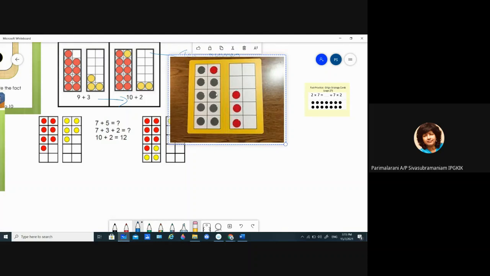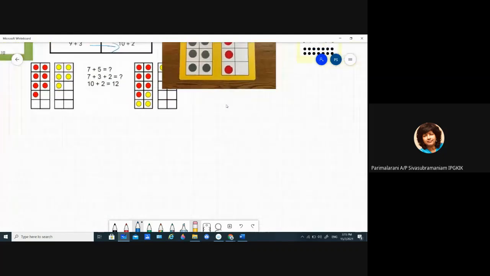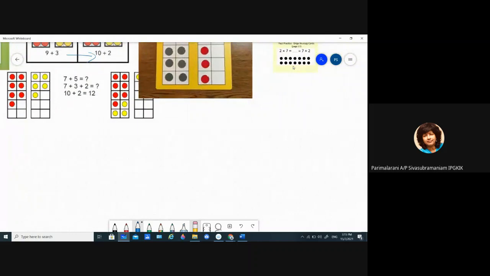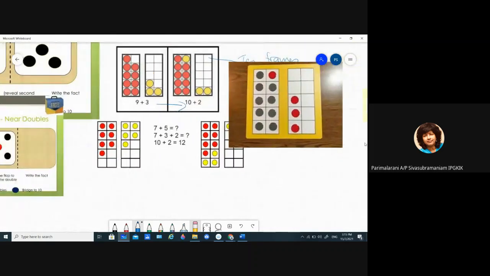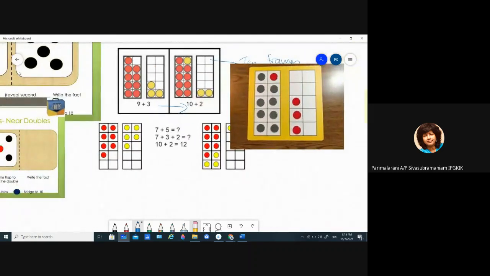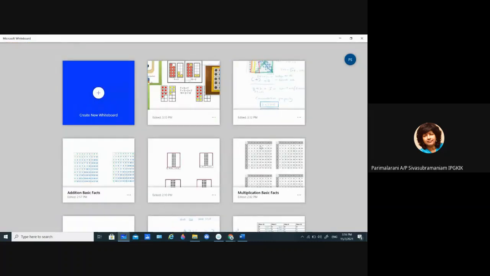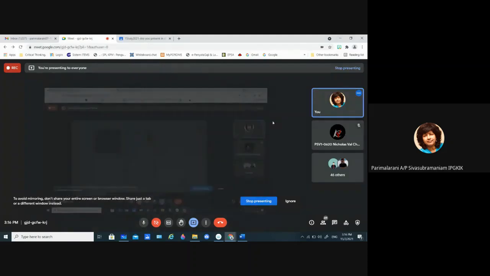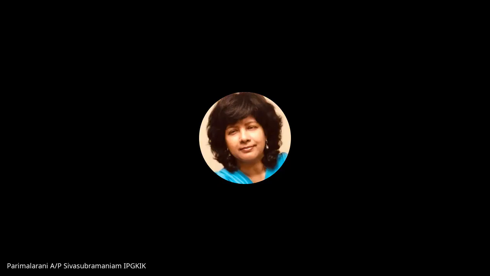At the back, you can show the original number here, 9 plus 4, and then on this side, you can show how it moves over. So this is all 10 frames for bridge to 10. And this is multiplication. So these are some of the teaching aids or manipulatives that you can use to teach basic facts of addition. Okay, I'm done. Second group, please.